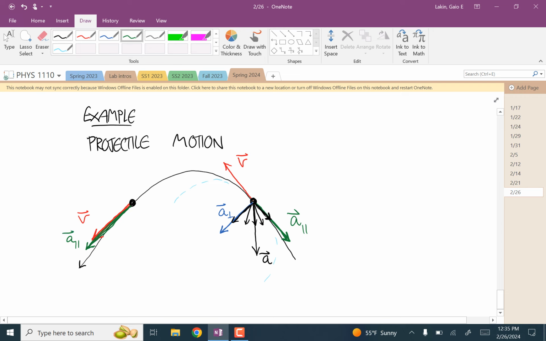If you fit a circle to this curve at that point and drew an arrow toward the center of the circle, you'd get that A perpendicular is this way. And so the total acceleration is somewhere between these two directions. Well, what do we know is the acceleration for something in projectile motion? Down, which falls in that range.